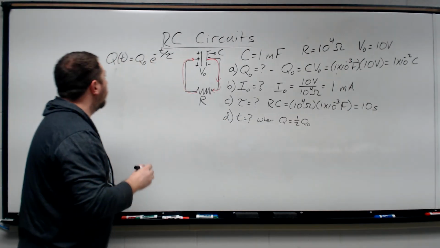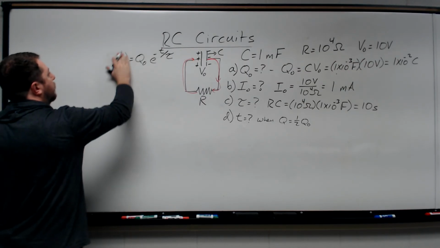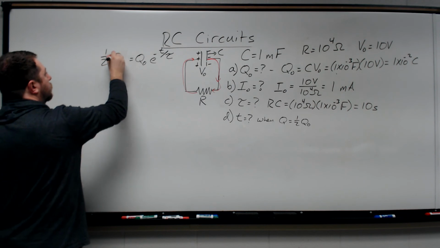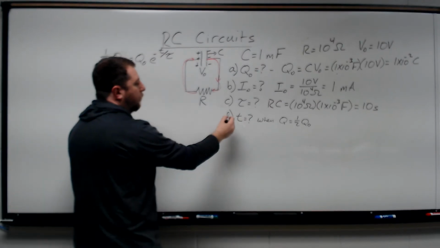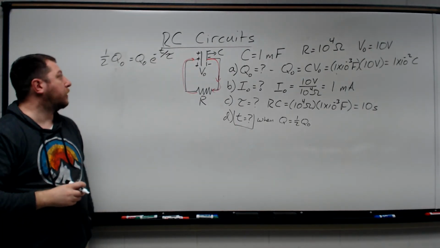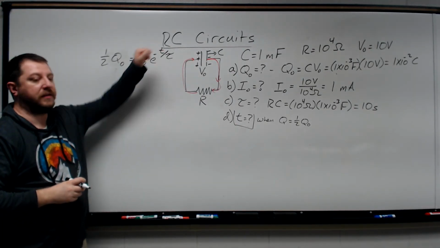Okay, so I'm going to write 1/2 Q naught on this side. And I'm wanting to solve for the time for when that occurs. So I want to solve this equation for the time.